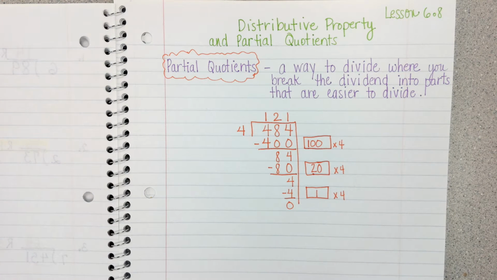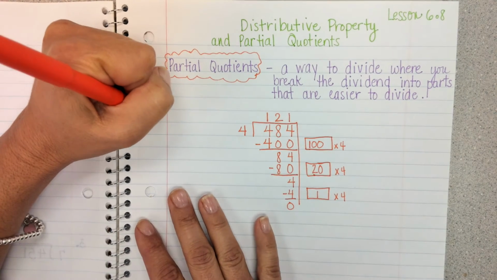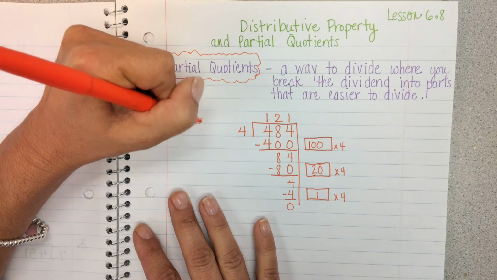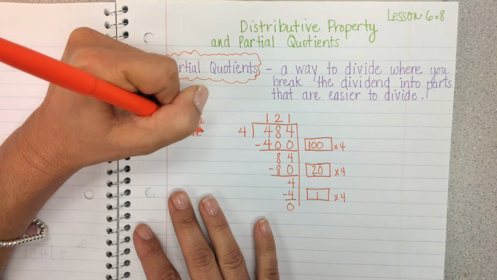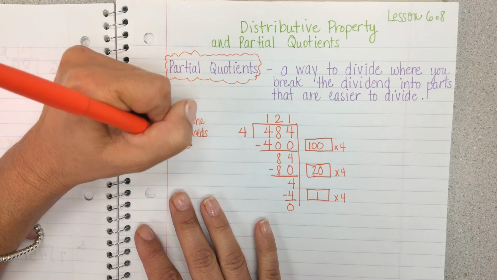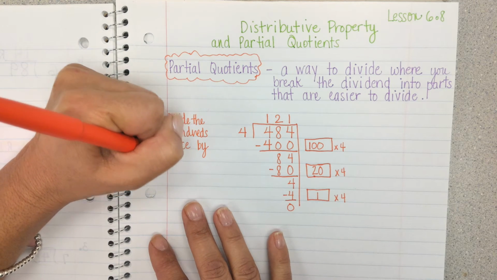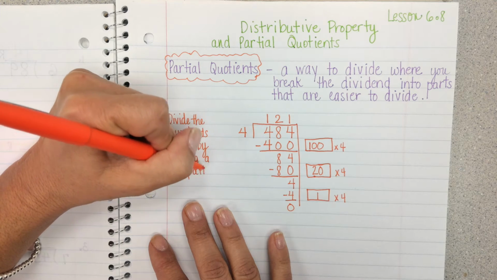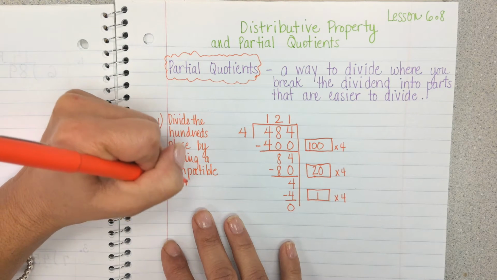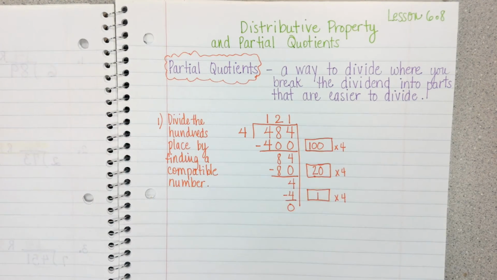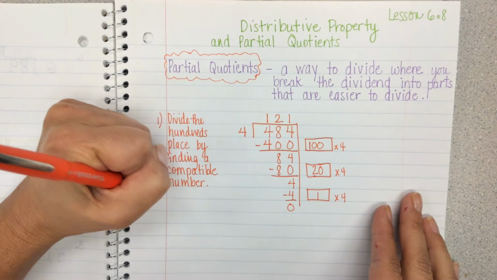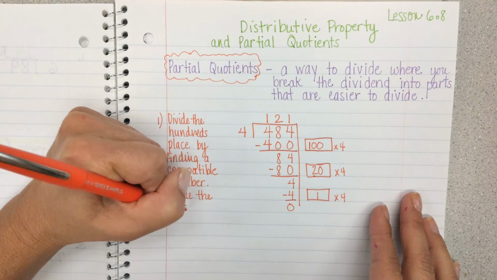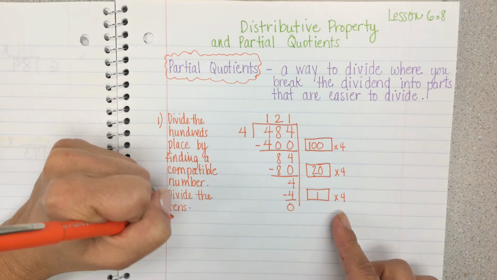So the steps were to simply divide the hundreds place by finding a compatible number, we continue to divide the tens place in the same manner, and then we just continued on to the ones place.